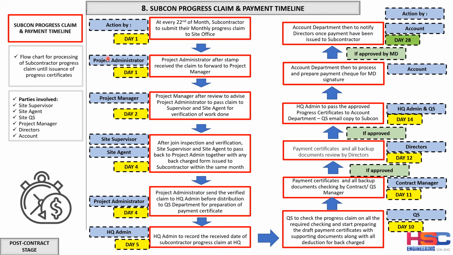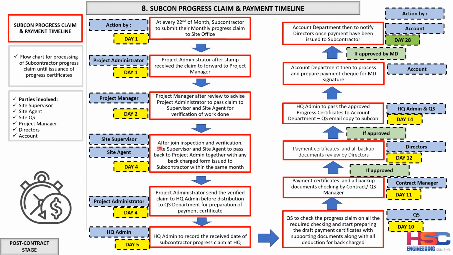This activity happens on day one. And on day two, the project manager will review the subcontractor progress claim, and then he will advise the project admin to pass the claim to the site supervisor and site agent for verification of work done.